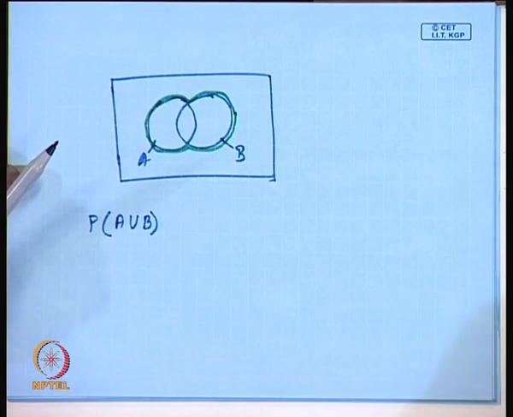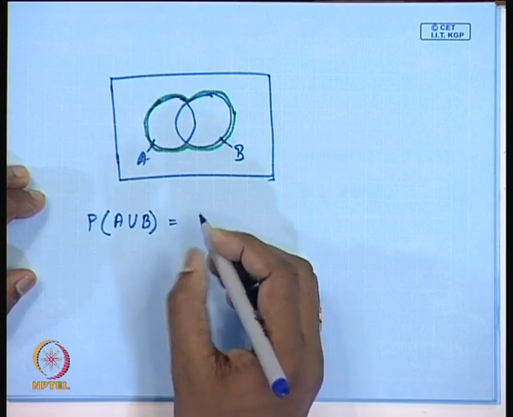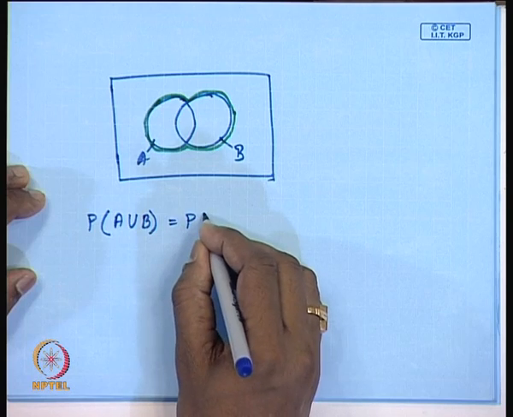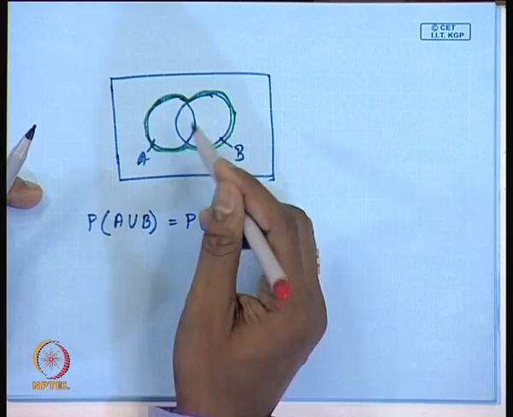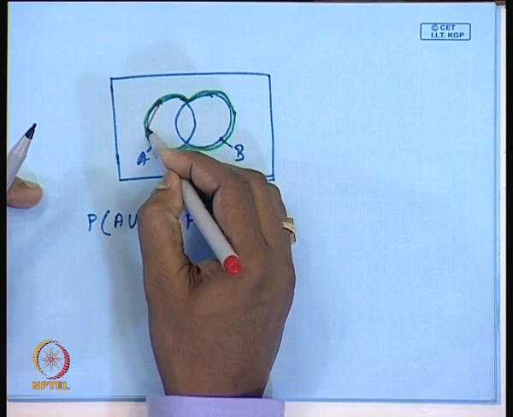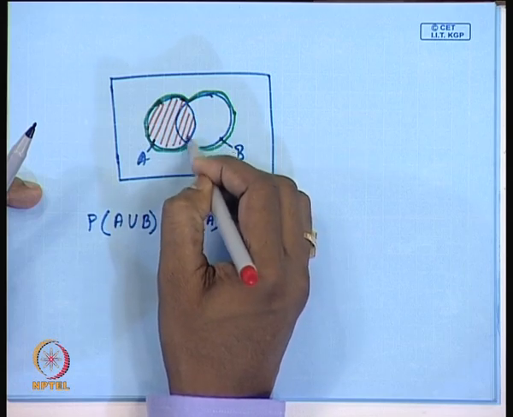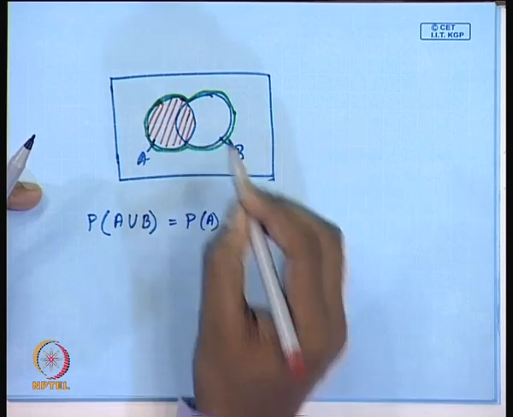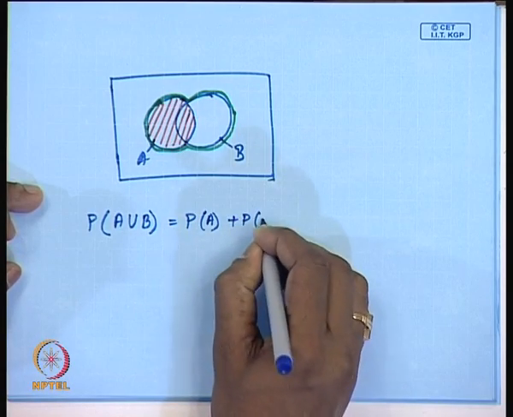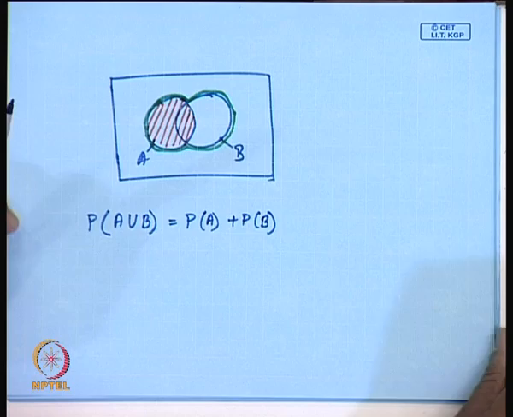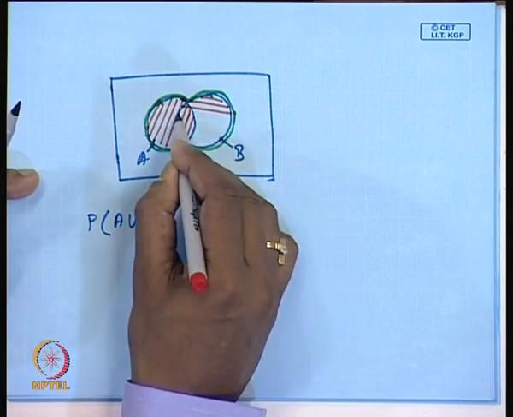Now how can I express this? First, from this I can write probability of A. That means I am just shading the corresponding area here in this Venn diagram, which is your probability of A. Now I am adding probability of B, which again I am just shading in this area.